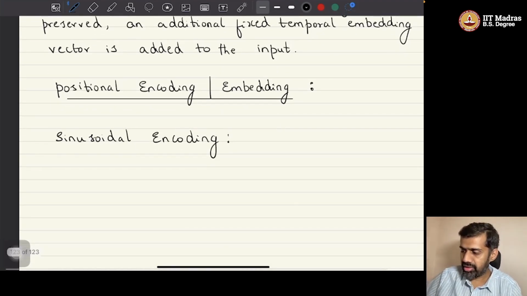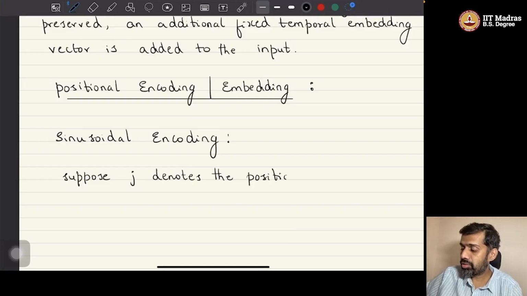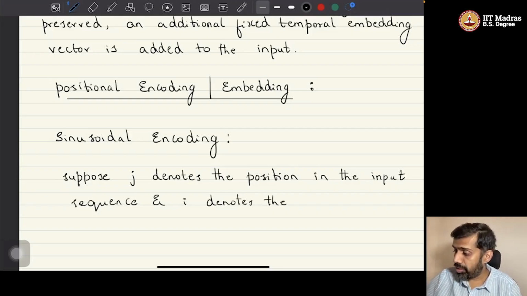It is defined as follows. Suppose j denotes the position in the input sequence, and i denotes the embedding dimension.